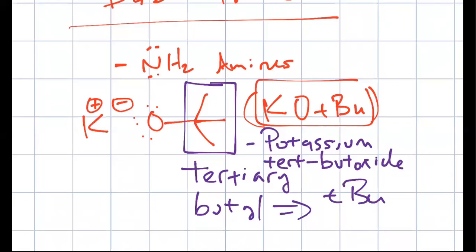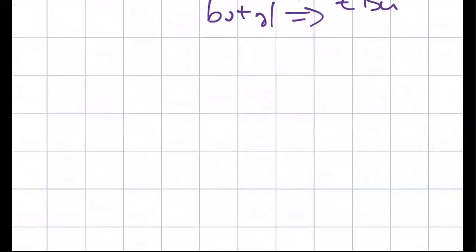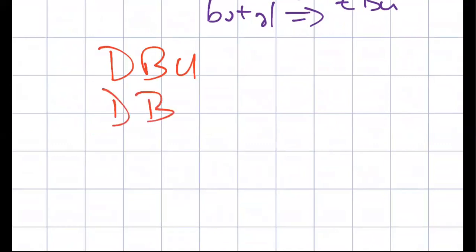Another base that you'll see sometimes is DBU, and then DBN. I think DBU is diazabicycloundecene, and DBN is diazabicyclononene.